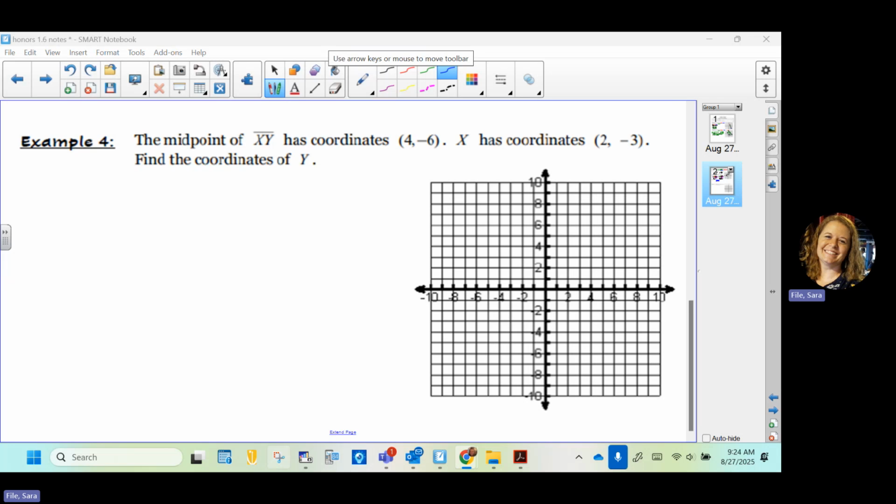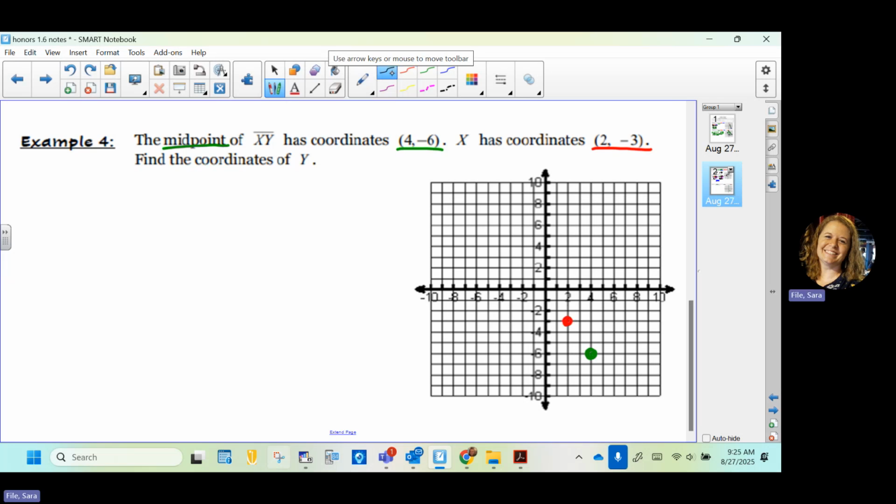All right, let's take a look. I think that's enough time. Y'all should have been able to do it, whether you were doing it graphically or algebraically. So I'm going to plot the midpoint at 4, -6, and the endpoint that we're given is 2, -3.